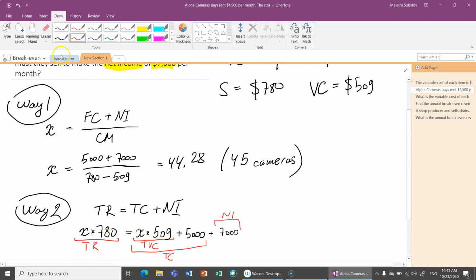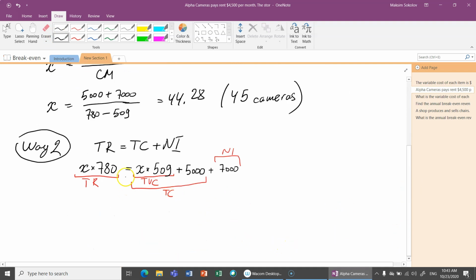Again, we will be solving this equation the same way. We'll be moving unknowns to the left side. So it's X times 780 minus X times 509, and that will be equal to the knowns on the right side. So 5,000 plus 7,000 is 12,000.